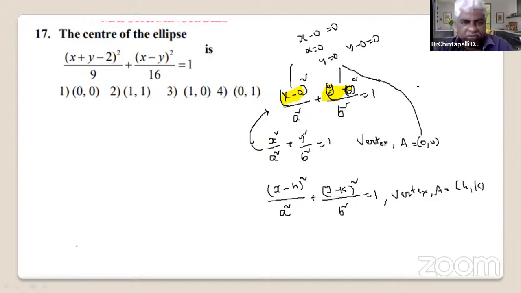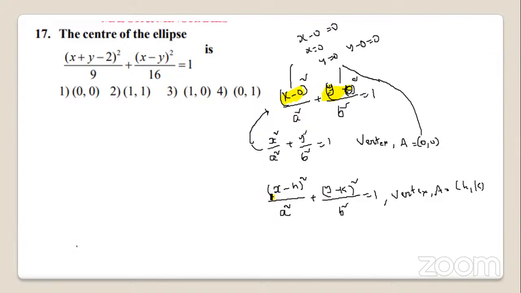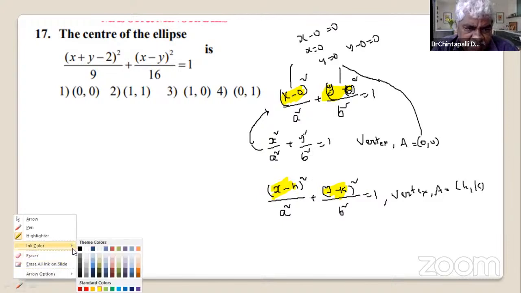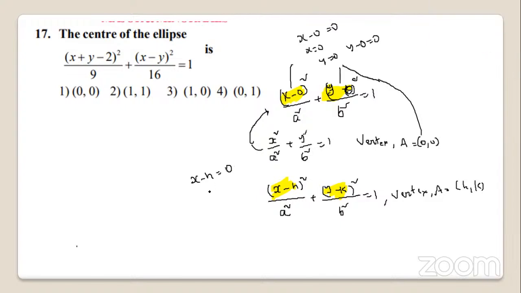In the same way, take this part, convert them into equations and solve them. The equation of the first part is x minus h is equal to 0, and that of the second is y minus k is equal to 0.